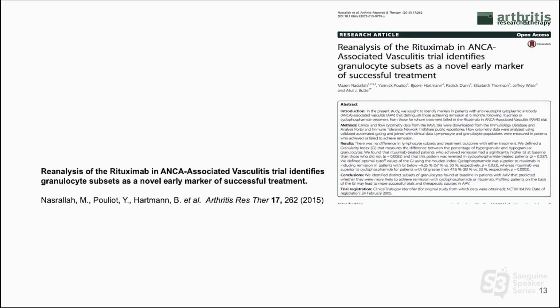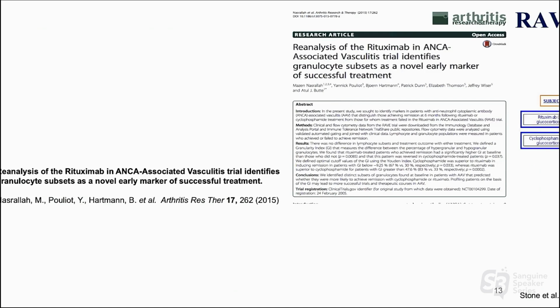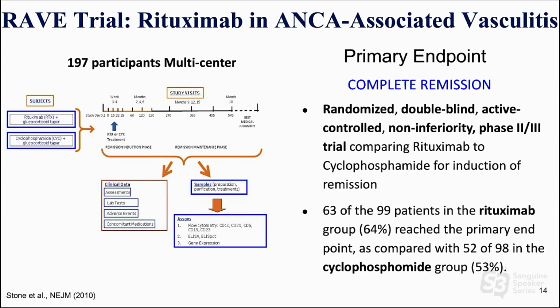So the first one is the RAVE analysis. This paper came out from our group in 2015, where this clinical trial data was submitted to ImmPort. That's called the RAVE trial. It's an Immune Tolerance Network trial for rituximab, the role of rituximab in ANCA-associated vasculitis.